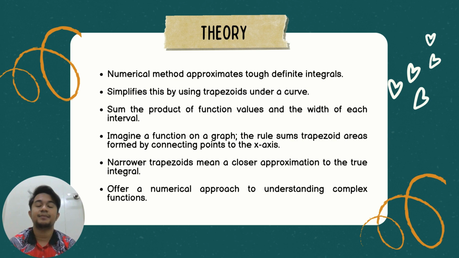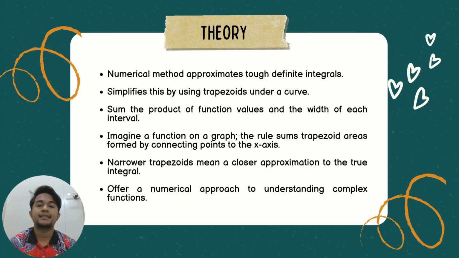Under the trapezoidal rule, we evaluate the area under a curve by dividing the total area into little trapezoids rather than rectangles. This numerical method approximates the definite integral and simplifies it by using trapezoids under a curve.